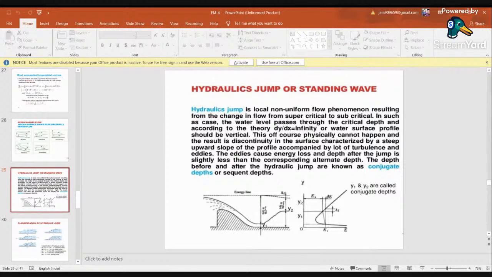That phenomenon is called energy dissipation in hydraulic structures. Whatever amount of energy is dissipated by means of the hydraulic jump, that energy will be converted into other usable forms.